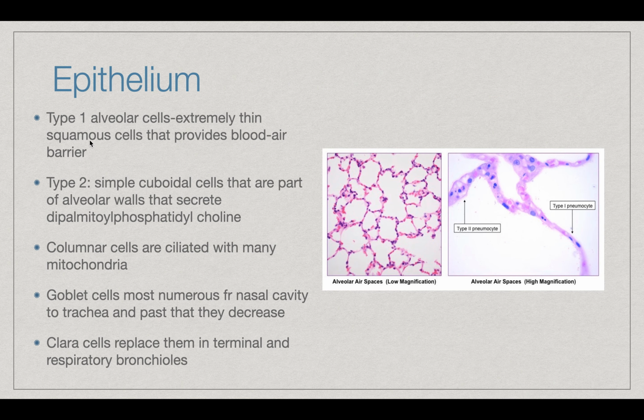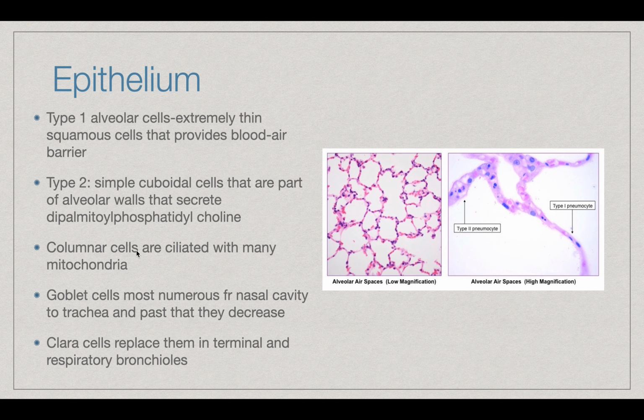So the type 1 alveolar cells are going to be very thin. It's like one cell thick, and that provides the blood-air barrier. The type 2 are going to secrete dipalmitoyl phosphatidylcholine, and that's going to be a main component of surfactant.